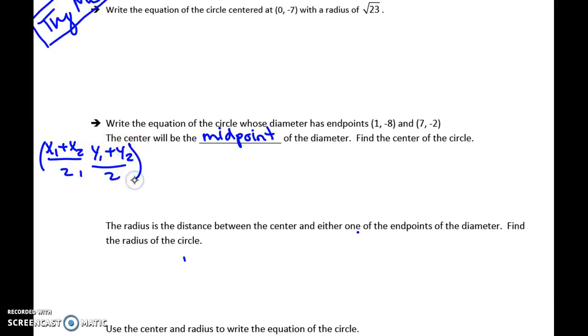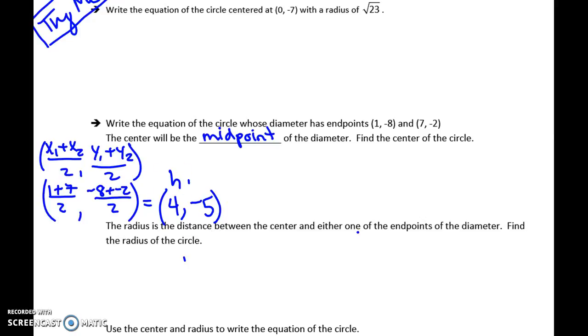My x values are 1 and 7, and my y values are negative 8 and negative 2. So I get 8 over 2 is 4, negative 10 over 2 is negative 5. So 4, negative 5, that's my h comma k, that's my center.